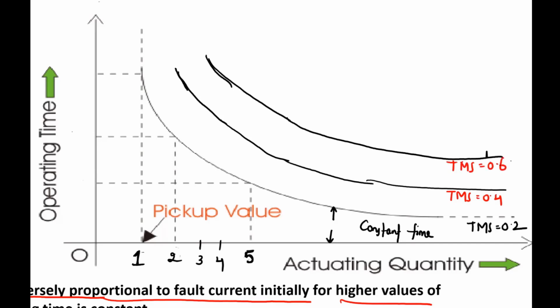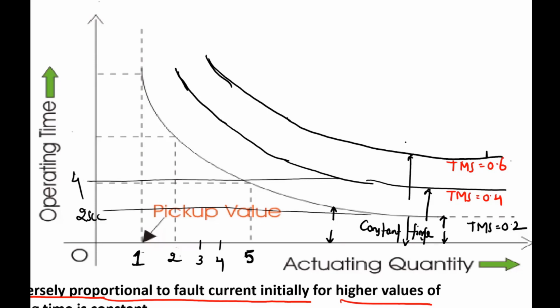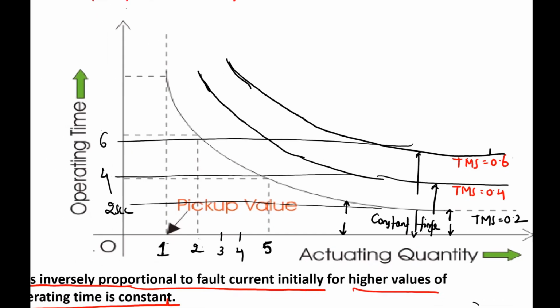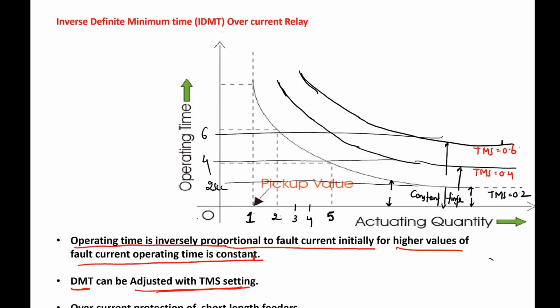By adjusting the TMS feature, you can change the definite minimum time it takes. Here this is DMT, here it is DMT, here it is DMT. For your understanding, I am writing it as 2 seconds, let us say this is 4 and this one is 6. So here the TMS feature is there with which we can adjust that definite minimum time.